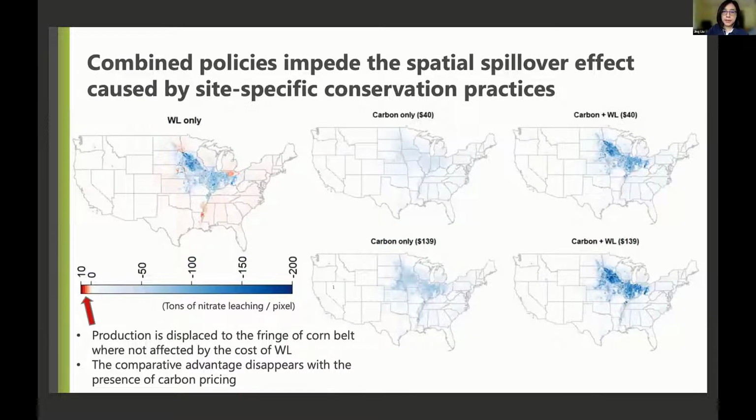But when we look at the combined policy, this spillover effect disappears because everybody has to carry the cost of carbon pricing. That overcomes this externality of the wetland. And so you see the reduction of production and leaching almost everywhere.